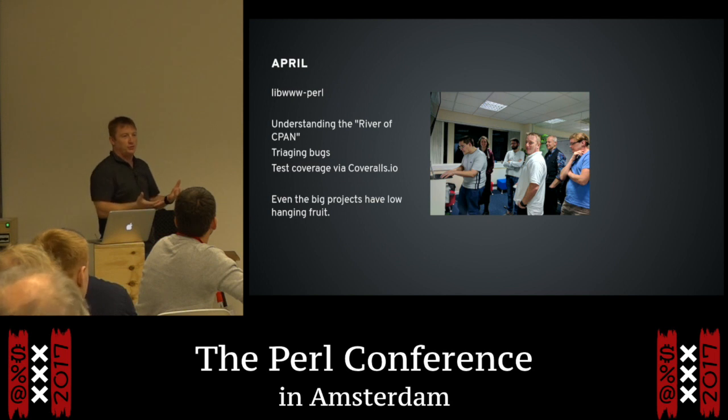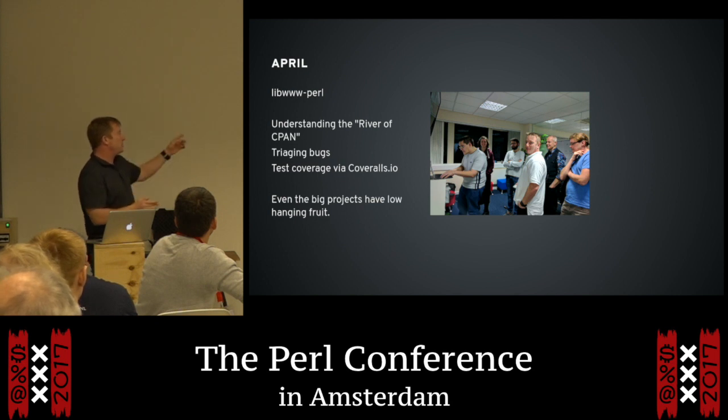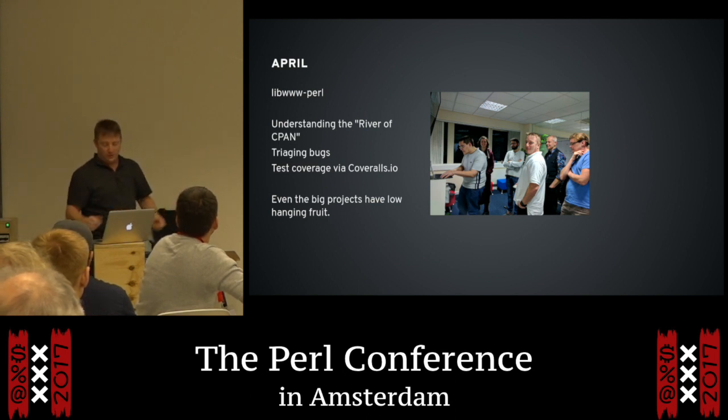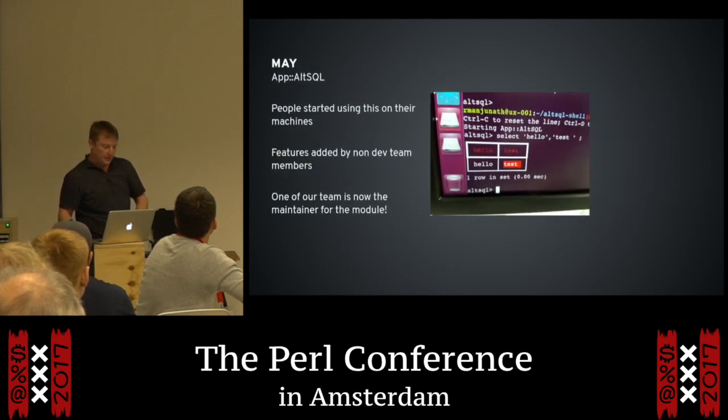So it'll show you your coverage. So we got to talk to people about that and about test coverage and how important it is and all that sort of stuff. And probably the most important thing for us was that it told us that even the big scary projects actually had some stuff that we could pick off. Like we say in English, it had some low-hanging fruit we could grab, even on LWP.